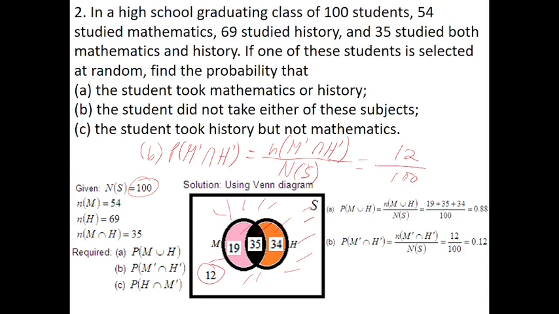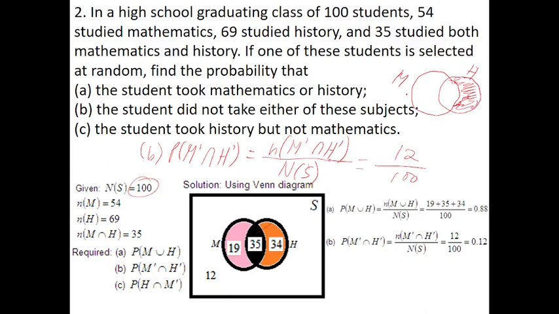Pag sinabing history and not mathematics, tignan natin itong Venn diagram. Ito yung history. And not mathematics, kung ito yung sa math, sabihin yan, ito yung portion na yan.